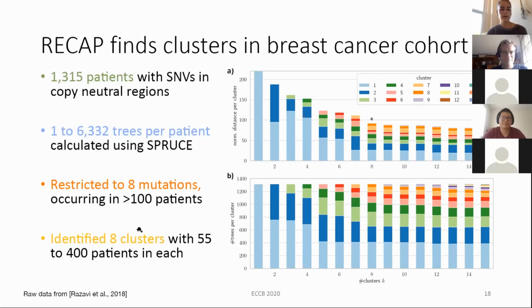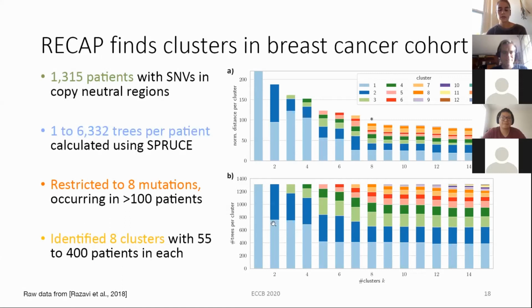And then through our algorithm's model selection subroutine, we identified 8 clusters in this data set, which ranged from 55 to 400 patients in each. So relatively well balanced. And here we see the model selection component, where after 8 clusters, there's sort of diminishing returns to increasing the number of clusters.